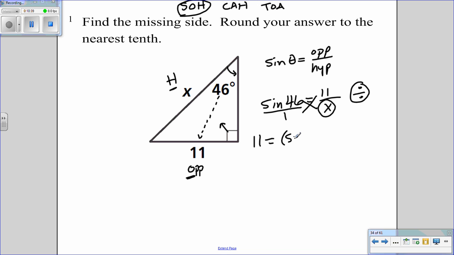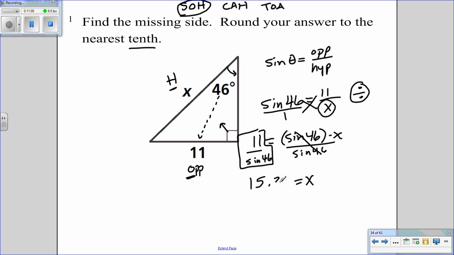And then we have sine 46 times x. Here comes the division. Divide both sides by sine 46. And that should find our missing side. So x equals 11 divided by sine 46. Do that correctly and round to the nearest tenth, we get 15.3.